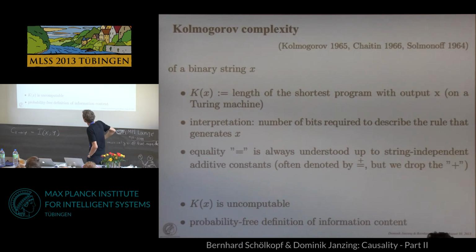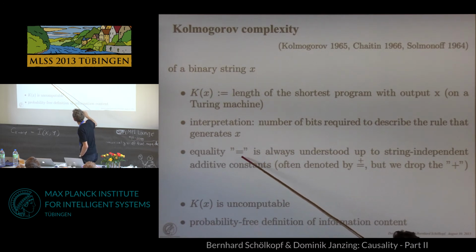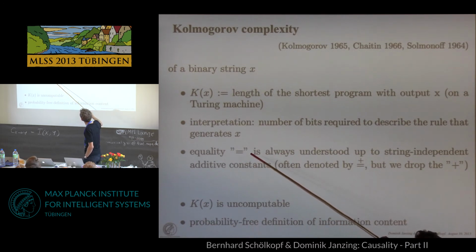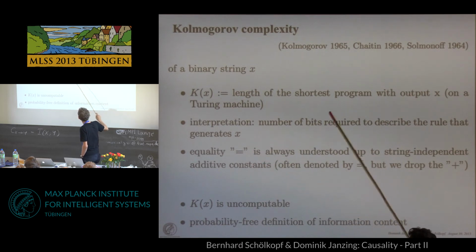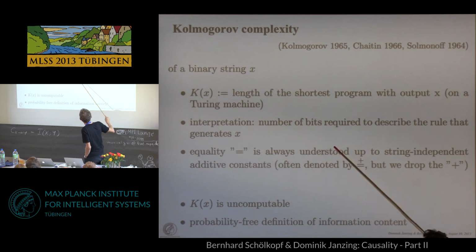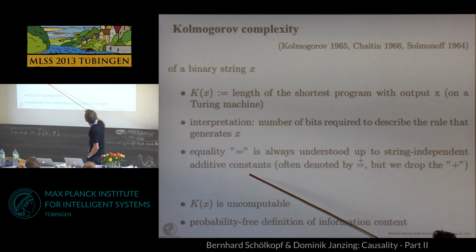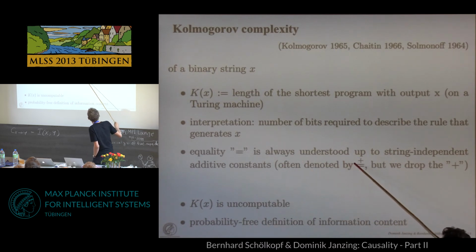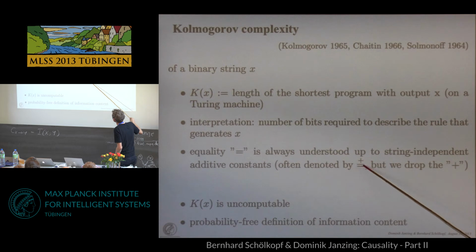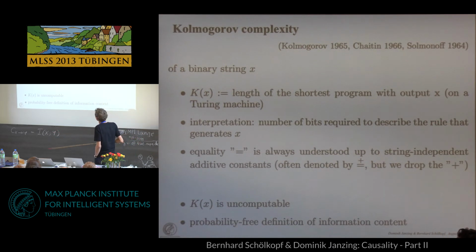And in the following, I will always have some equations whose equality sign should be taken with a grain of salt, because it's only equality up to some string-independent additive constant. And it's quite common to denote that by this, but in order to keep the notation short, we dropped the plus.